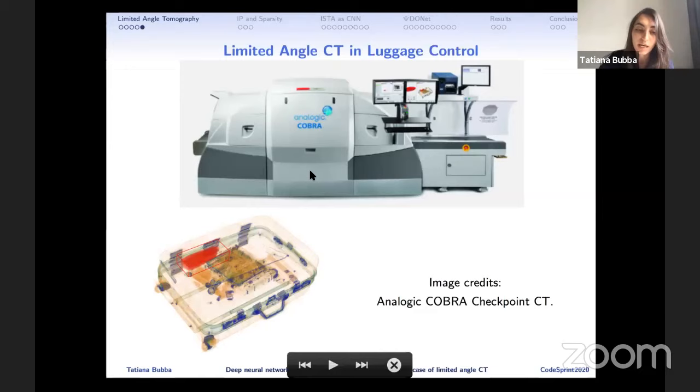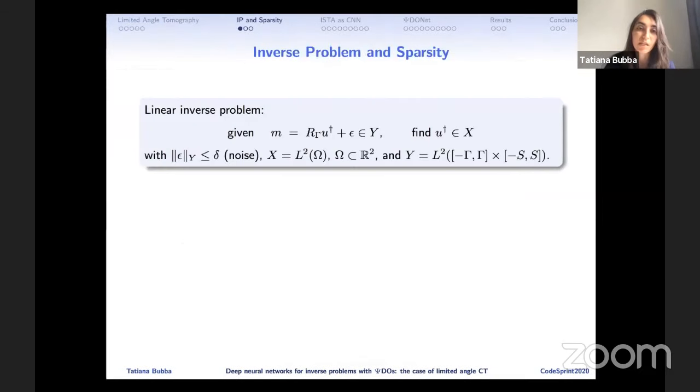Okay, so what happens in practice when we're dealing with problems like limited angle tomography? This can be formulated as a linear inverse problem, meaning that our model reads as follows.